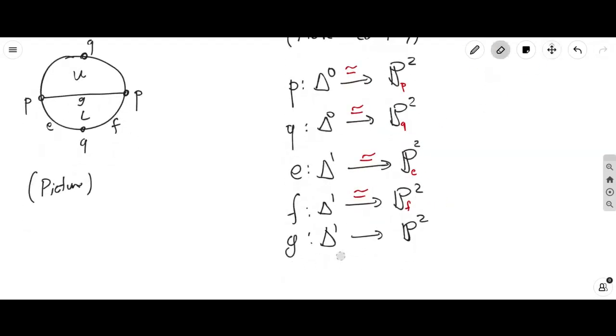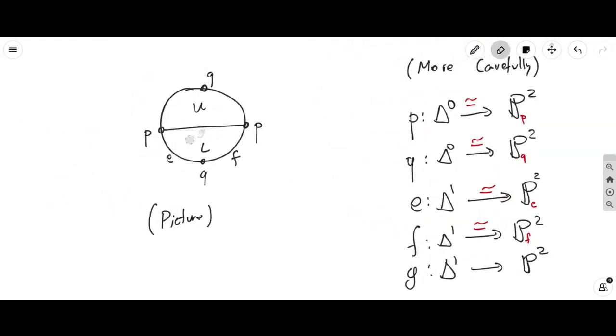Now, this one, the G, is actually a little bit more interesting because these are the same in the projective plane. So if you take the 1 simplex, delta 1, you're mapping that point to P, you're mapping that point to P. So this is actually like a circle in the projective plane because these two come together.